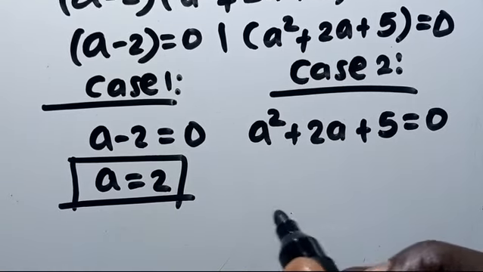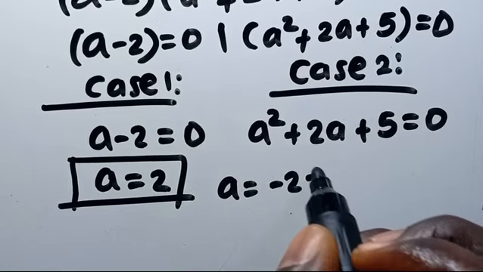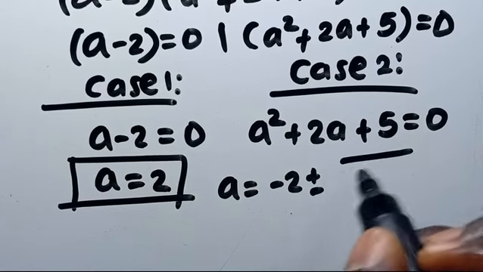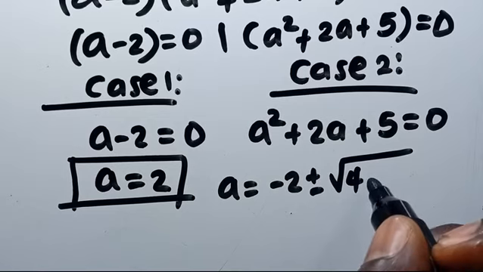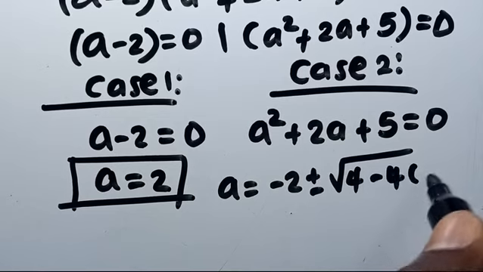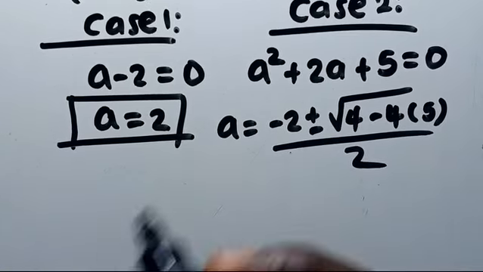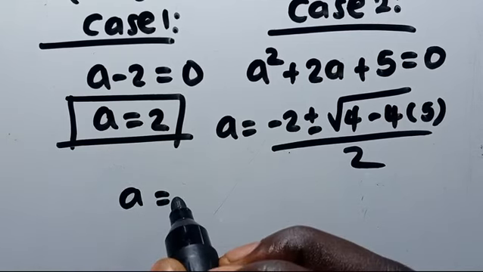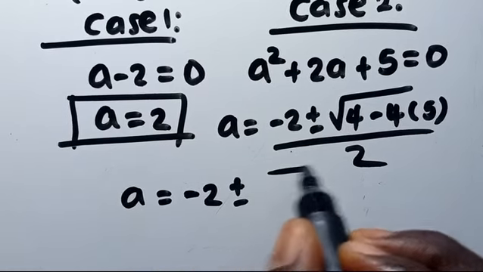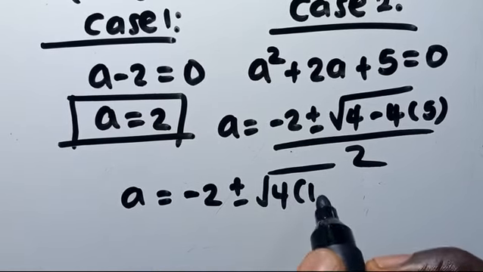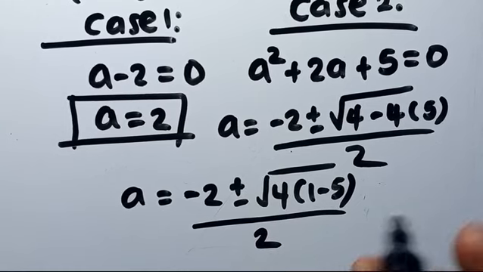Solving it quadratically, we have a equals minus 2, positive or negative the square root of 4 minus 4 times 5, all over 2, and this will be minus 2 positive or negative the square root of 4 times 1 times 5, over 2.